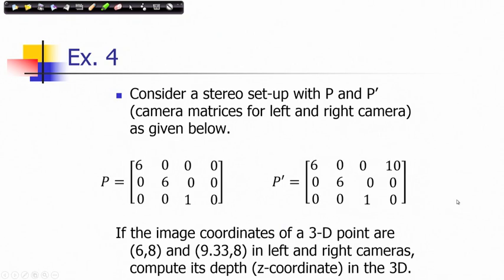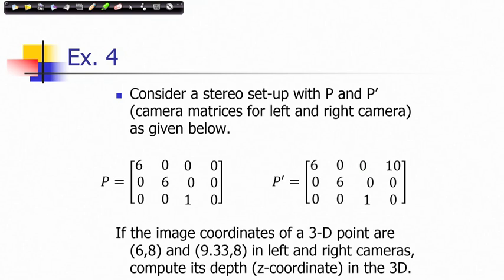So, let us work out a problem to understand these relationships, that is, how the depth or z coordinate could be computed. Consider a stereo setup with these projection matrices P and P prime, which are given here as shown.